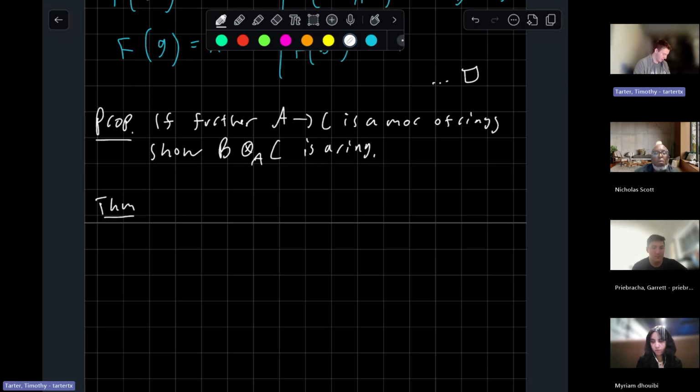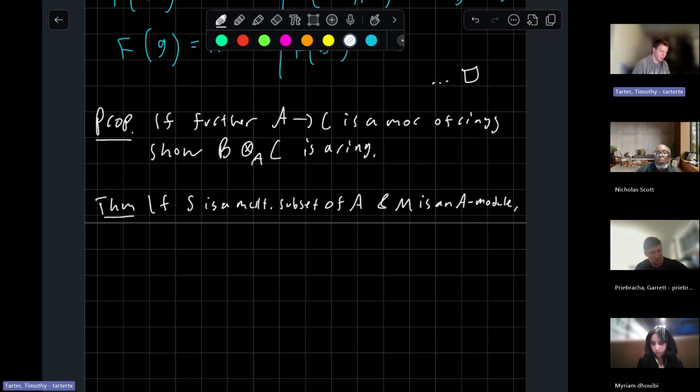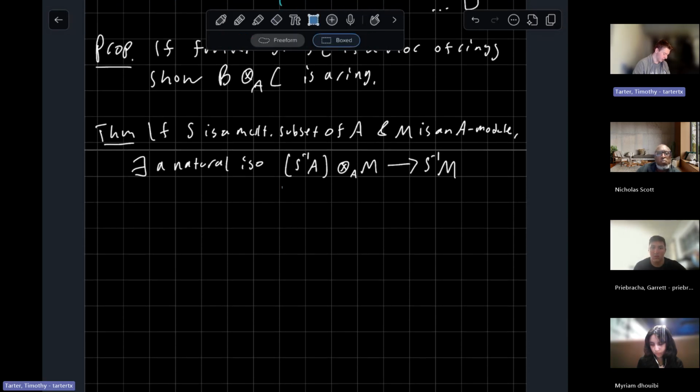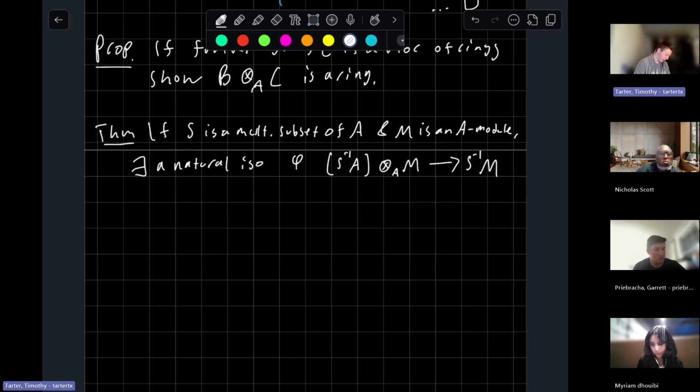So if S is a multiplicative subset of A and M is an A module, there exists a natural isomorphism, S inverse A tensor product M, to S inverse M. And it's an isomorphism of modules, and I'm just going to call it phi.